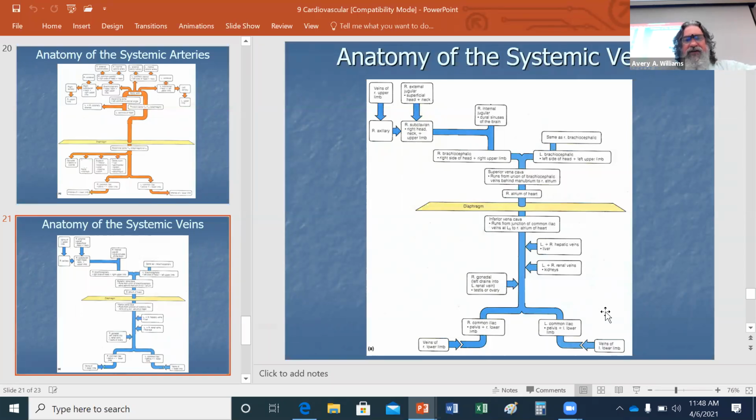From the capillaries, the blood is headed back towards the heart, so the vessels join each other and merge to come back to the heart. Like this one, the right common iliac and left common iliac, see how they're coming together? They come together and form the inferior vena cava. So the inferior vena cava is formed from the union of the right and left common iliac veins.